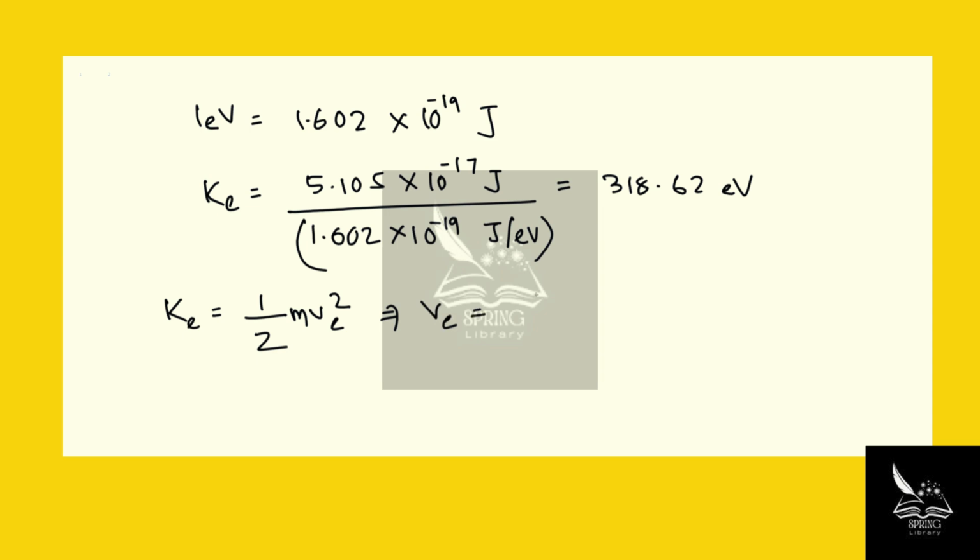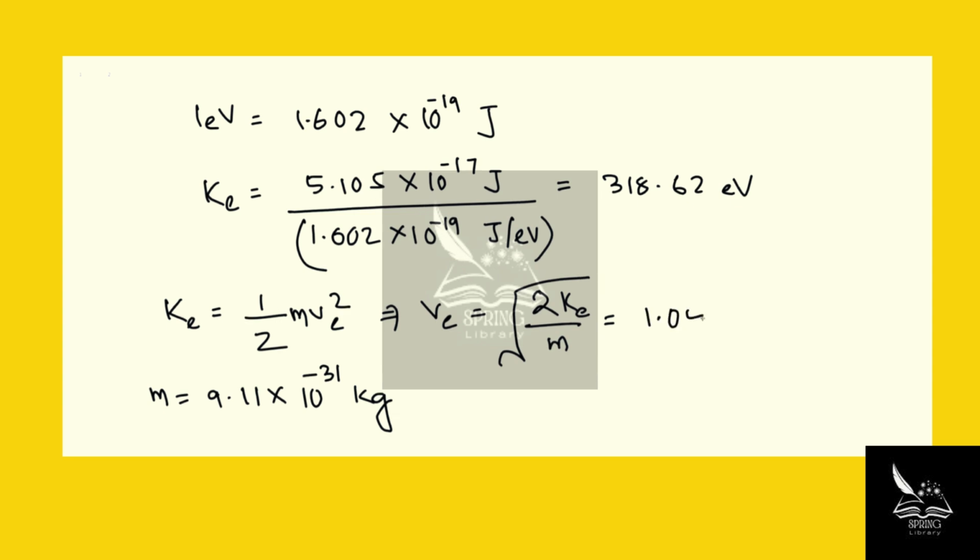So speed will be equal to the square root of 2Ke over m, and the mass of an electron is 9.11 times 10 to the power minus 31 kg. So we substitute these two values and find the speed of the electron to be 1.0586 times 10 to the power 7 meters per second. So that's the first part.